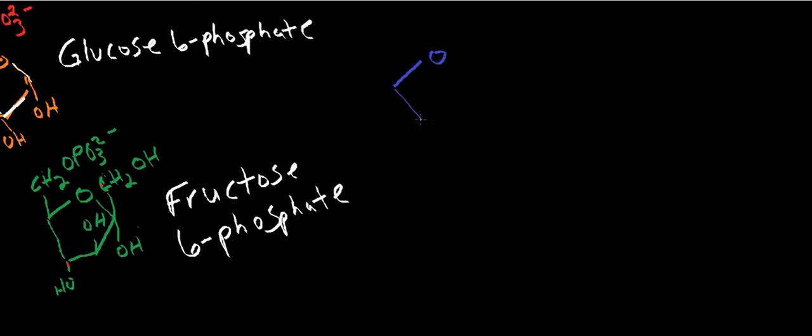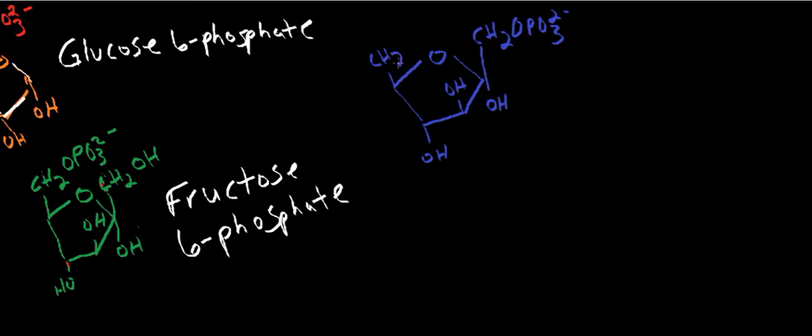So here we go, and we have OH, OH, OH. And at the 1 carbon, CH2OPO3 2-. And here again, we still have our CH2OPO3 2-. And that again is fructose 1,6-bisphosphate.